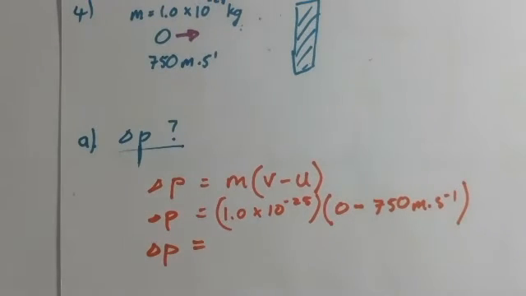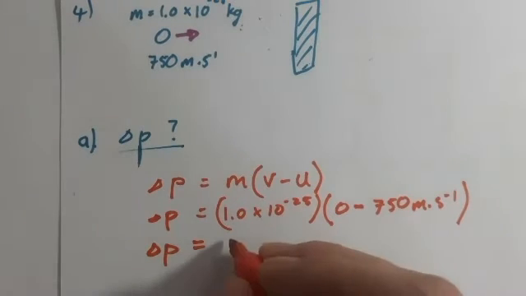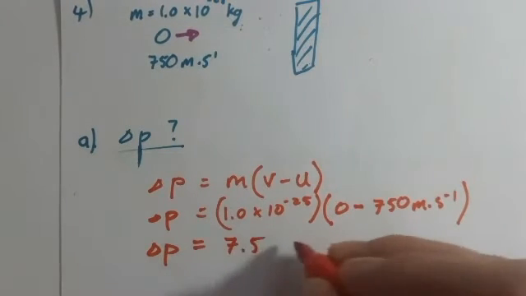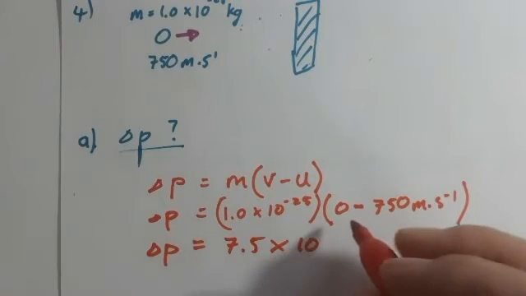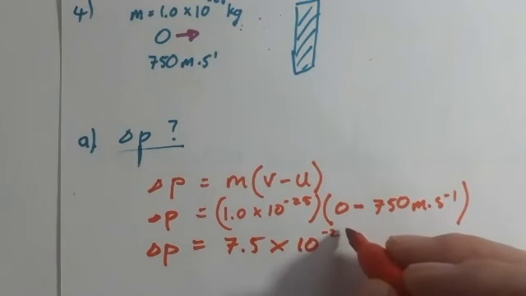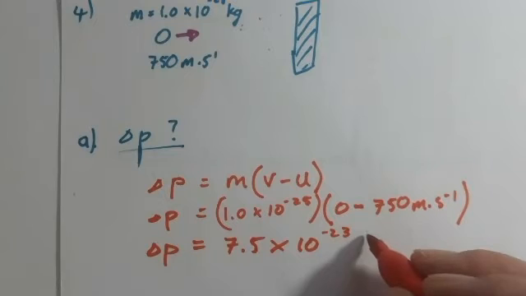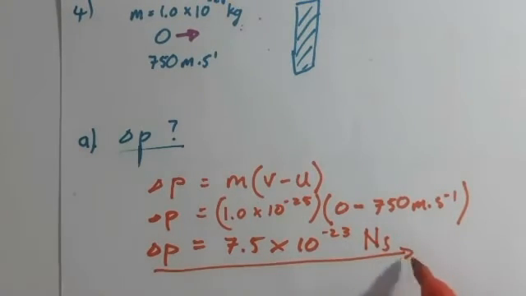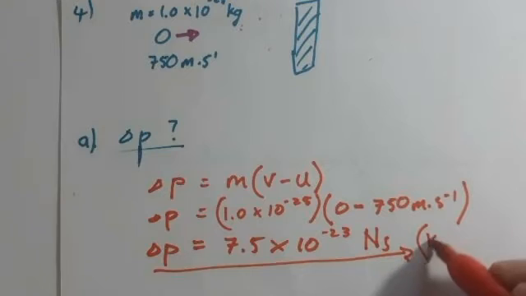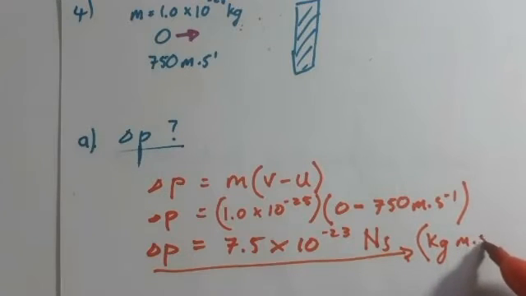Let's do the calculation. 750 times 1 exponent negative 25, and we get an answer of 7.5 times 10 to the power negative 23. We can use Newton second as the unit. There's nothing wrong if you said kilograms meter per second. That is the base unit for this.